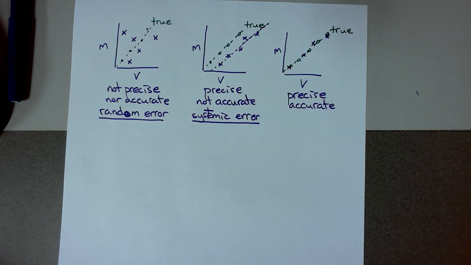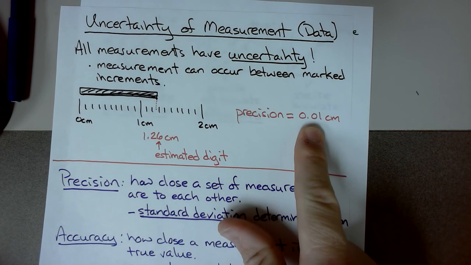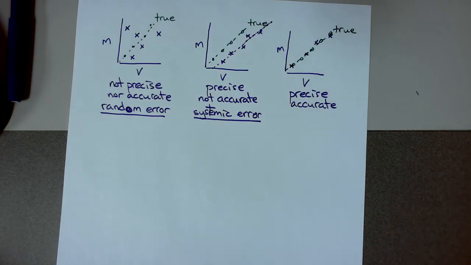Now the other thing is, earlier in the lecture you'll notice that I said that precision also considers how small the measurement can be. And so how does that relate to a grouping of data? Well, let's define precision of an instrument.